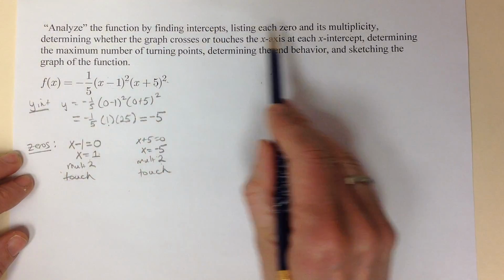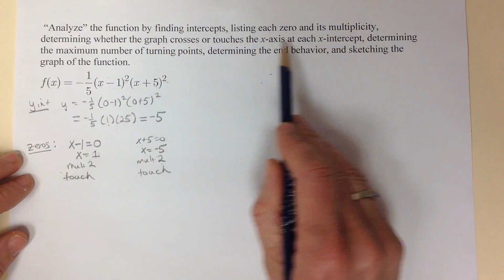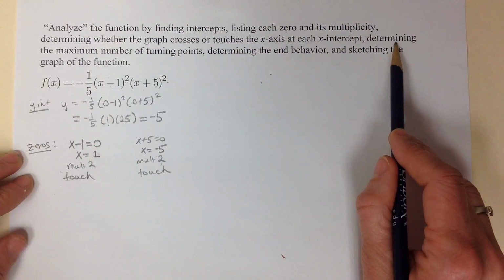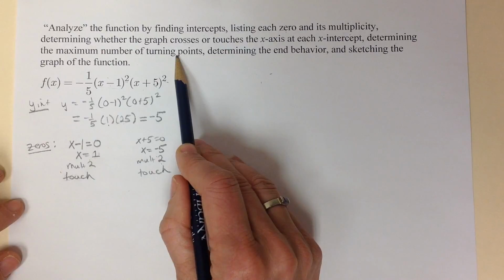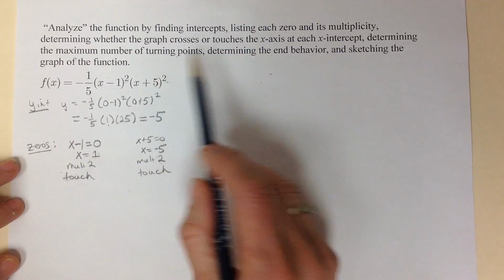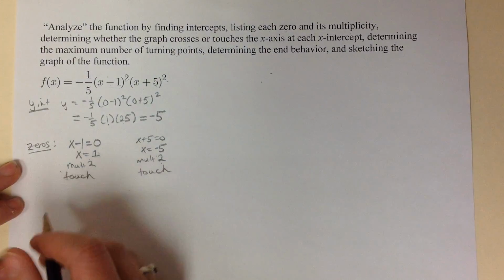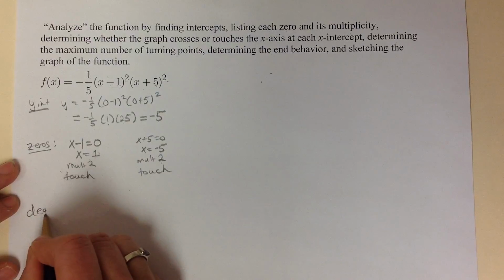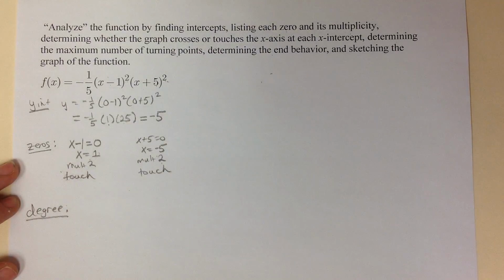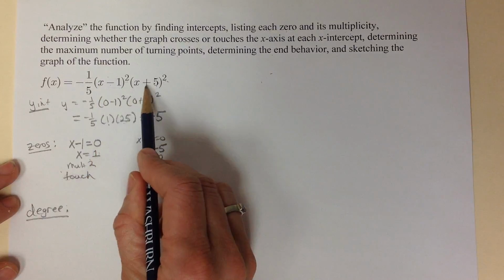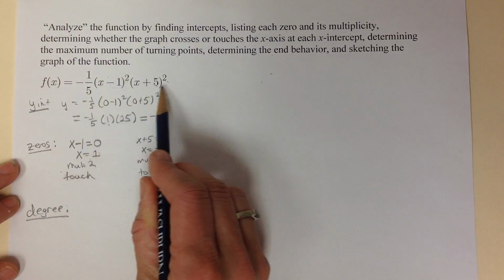Okay, so we found intercepts, zeros, multiplicities. We've done the whole cross-touch. Maximum number of turning points and end behavior, both of those things rely, at least partially, on knowing the overall degree of this function. So the degree would be the highest power of x once you multiply the entire thing out.